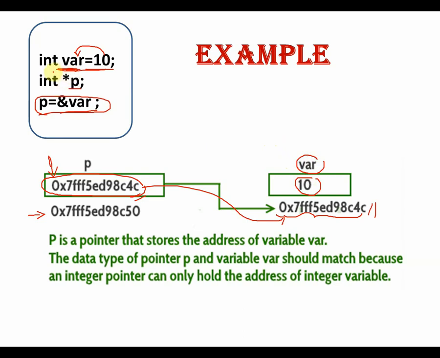So for example, if variable var is of the type integer, then the pointer variable should also be integer. Pointer variable cannot be float or double. It has to match. So both of them have to match in this way. So this is how the representation of memory and pointer variables happens.